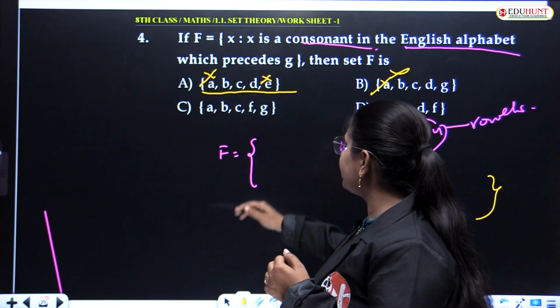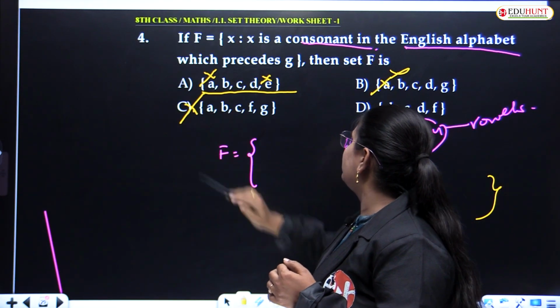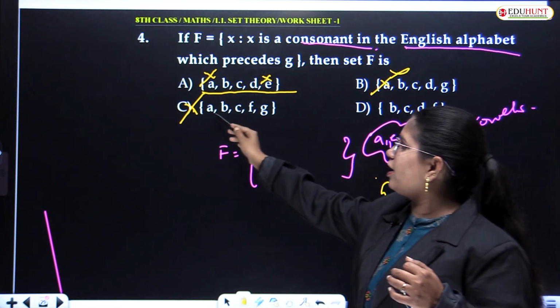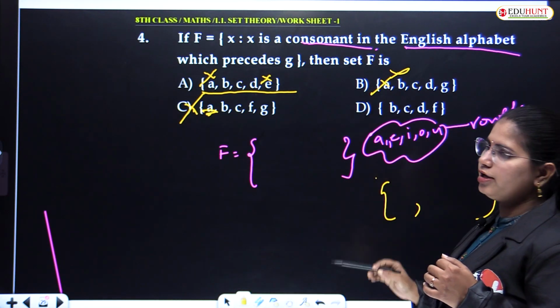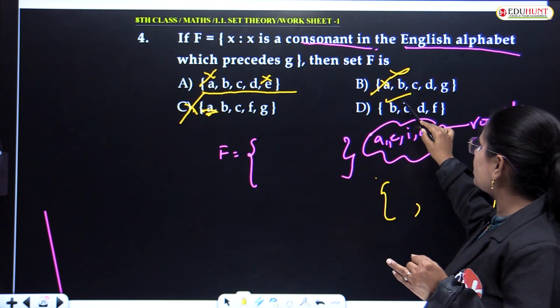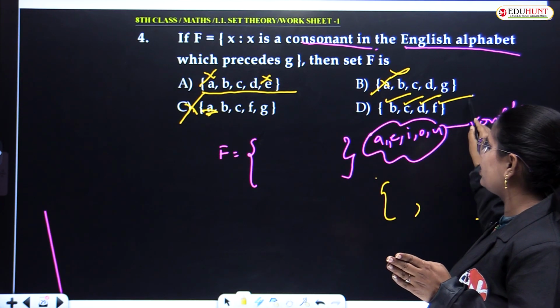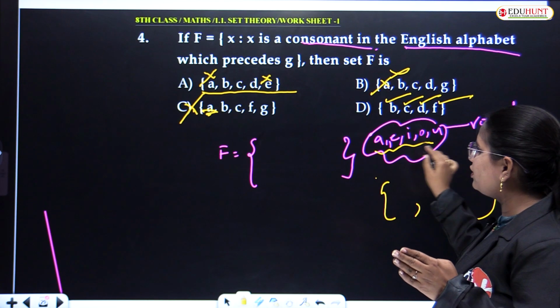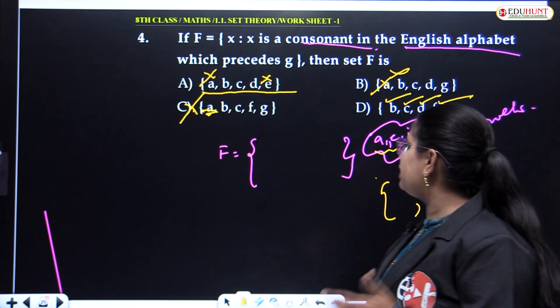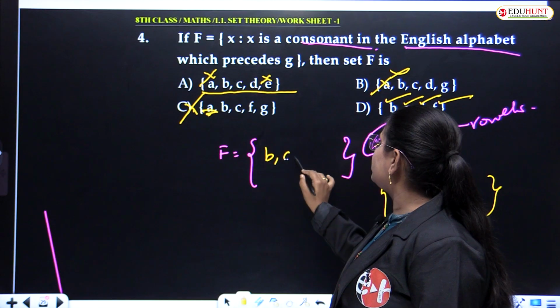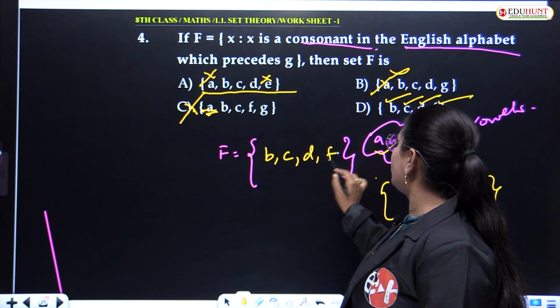Next, it is also deleted because we have A over here. Next, we will check with option D. B is a consonant, C consonant, D consonant, F consonant. None of the five vowels exist in it. So option D will be your answer, which is B, C, D, F.